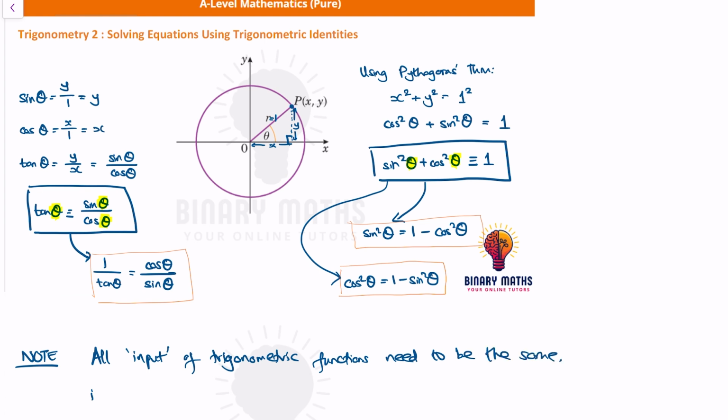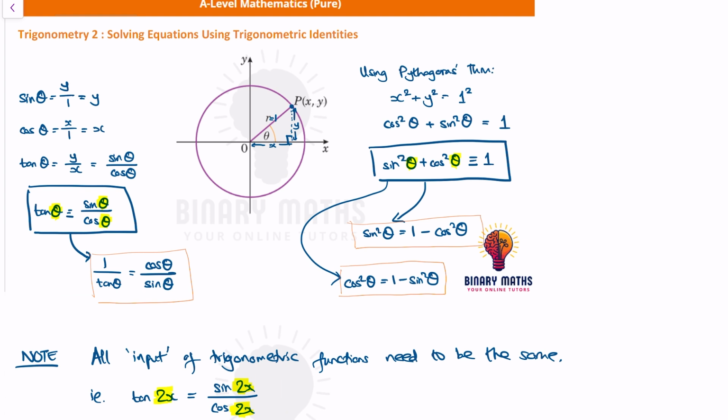So, if it's tan 2x, because the input is 2x for the tan function, then it's the same thing as sine 2x over cos 2x. If you think about it, the theta has been replaced by 2x, so the theta here has to be replaced by 2x, and the theta there has to be replaced by 2x. Okay, so that is correct.